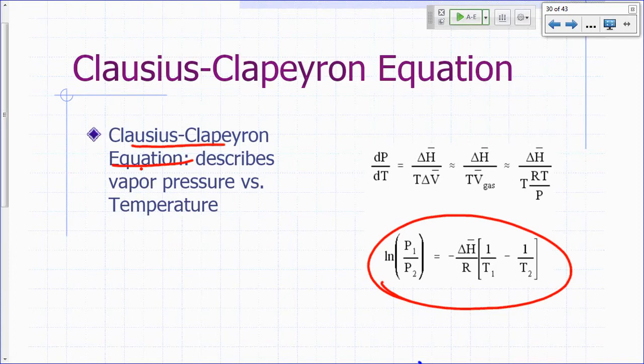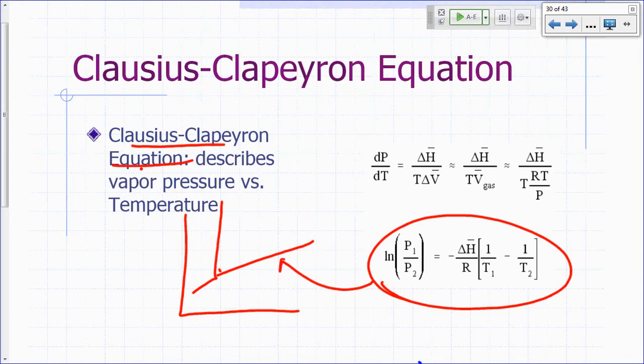So this is the equation that describes, remember your phase diagram? This equation describes this curve right here and that curve right here. Delta H for this curve will be delta H of vaporization, and for this curve down here, your delta H would be delta H of sublimation.